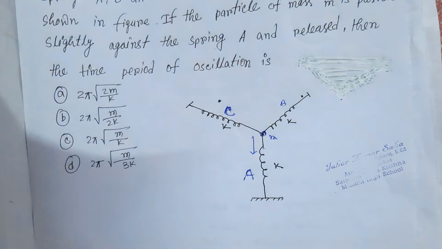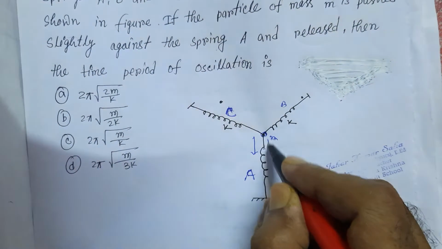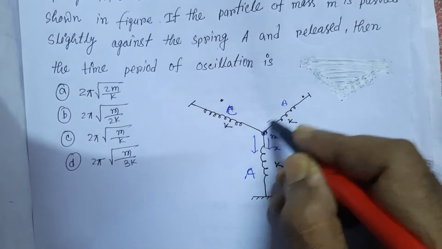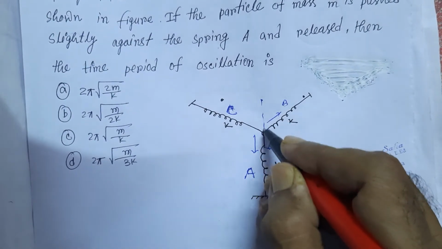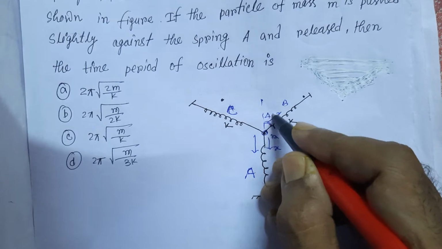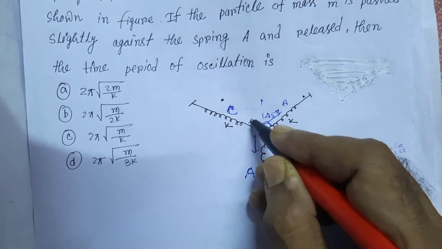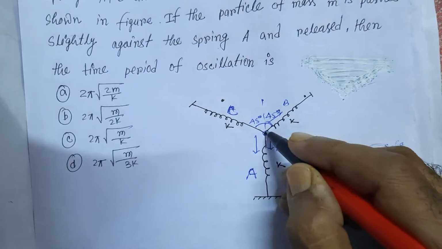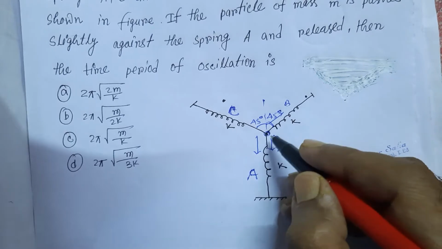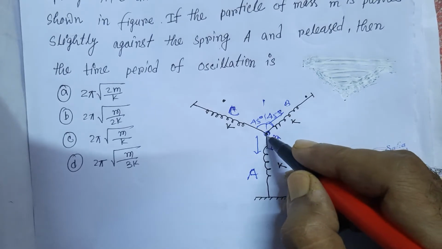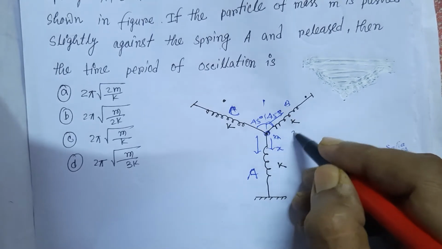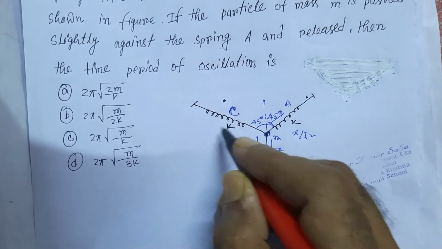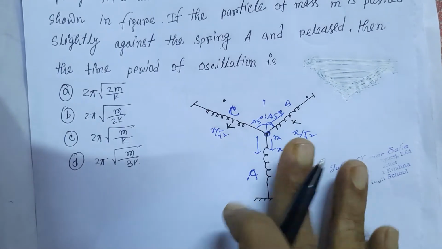Let us first of all take the extension of A as x, whereas the springs B and C are at an angle 45 degree actually here. This should be mentioned in the diagram. So the stretching of the spring B is x by root 2 and that of C is also x by root 2.